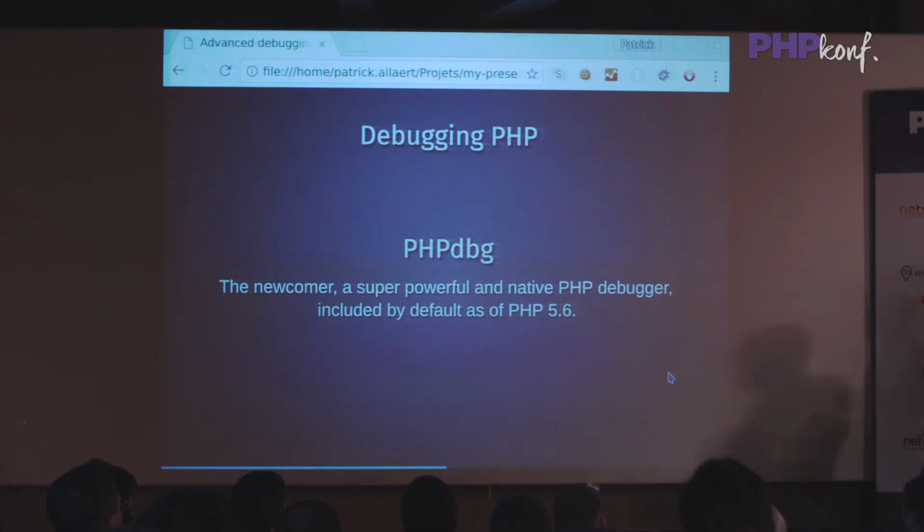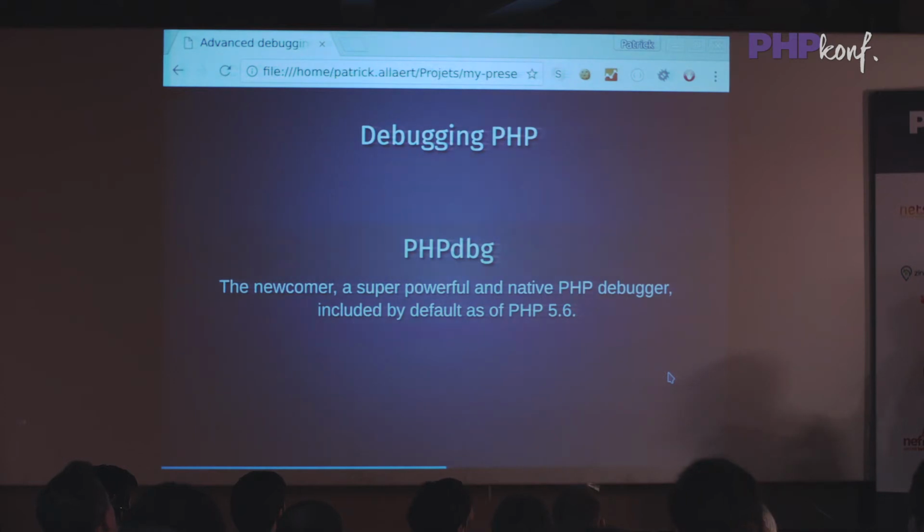Xdebug turns 15 years old, I think. So thank you, Derick. Another one is PHPDBG. Who knows about PHPDBG? Who uses it? No hands. OK. PHPDBG is included by default since PHP 5.6, if I remember correctly.